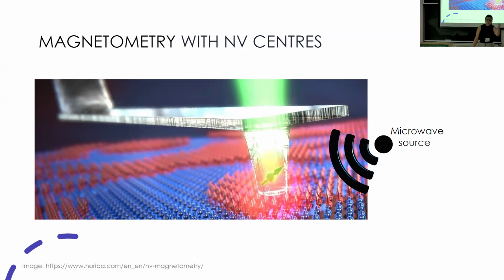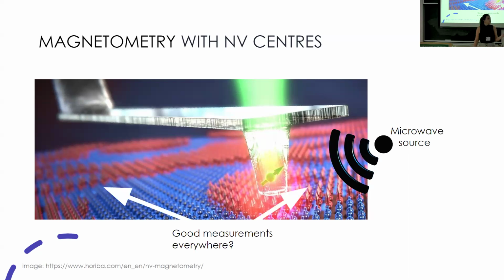And somewhere would be the microwave source. Now, the problem is we want to do good measurements everywhere on the surface, independent of whether we are close to this microwave source or further away. So to do that, we need robustness against drive strength errors. You can imagine closer to the microwave, stronger drive, further away, less drive.